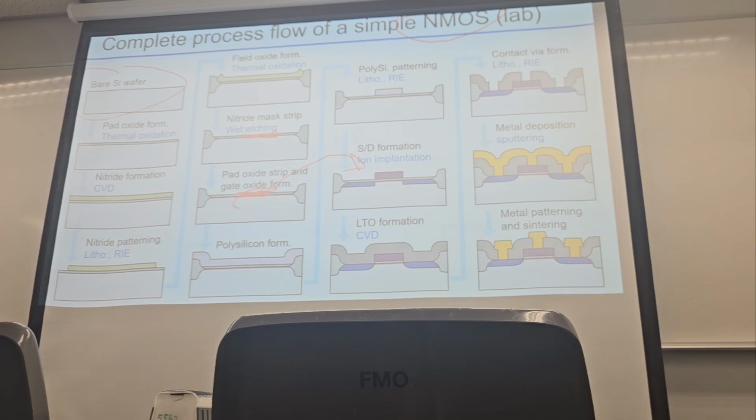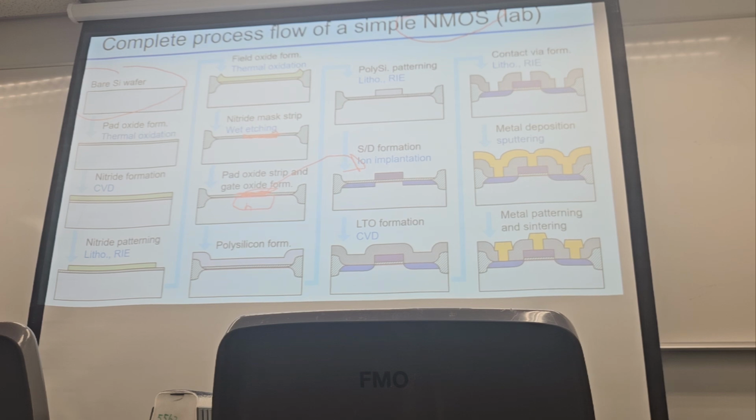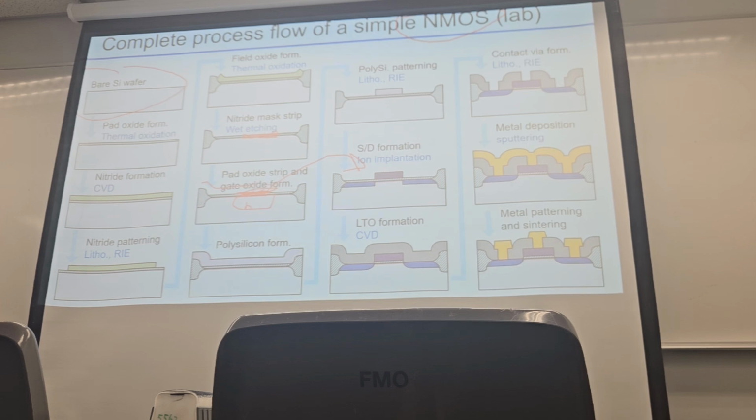In this region, we can create the N-well. Okay, so we create the N-well, and then we need another mask. Also the silicon nitride, right? Make the silicon nitride cover this region to create another N-plus region here.